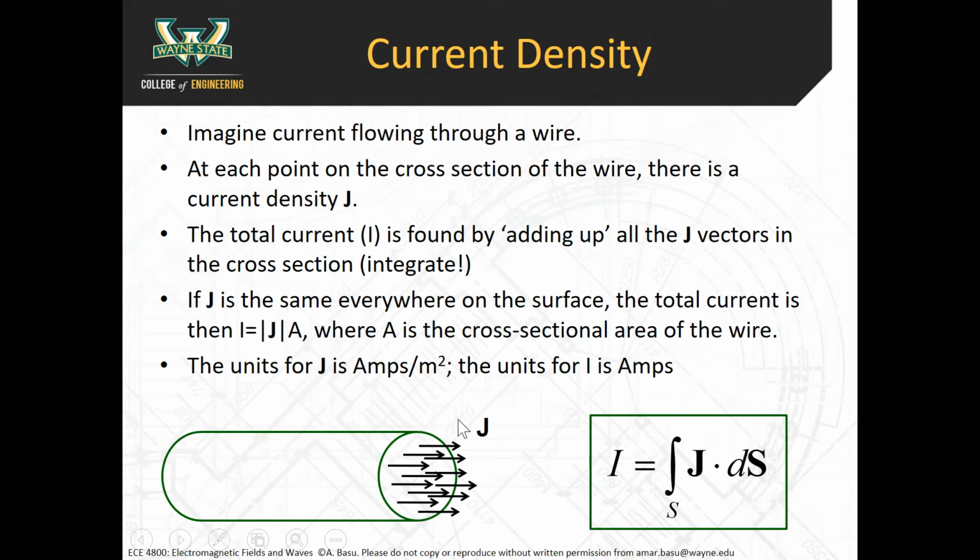So what happens if we integrate J once? We get amps per meter. And if we integrate it again, so if we do a double integral, then we get amps. That's the logic behind this. J is amps per meter squared. We take the surface integral over the cross-section, and we get the total current.